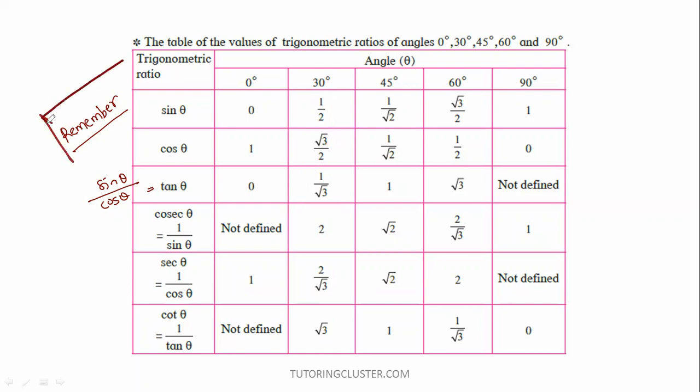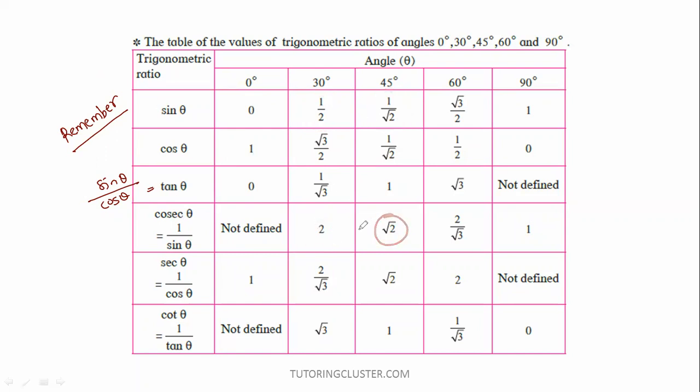Okay, please remember all these values. These are going to be useful. How are you going to find out cosec theta? Simply you have to take the reciprocal of sine. So take the reciprocal of 0, 1 upon 0. We cannot define 1 upon 0, so that's why not defined. Okay, 1 upon 2, what will be the reciprocal? 2. What will be the reciprocal of 1 upon root 2?